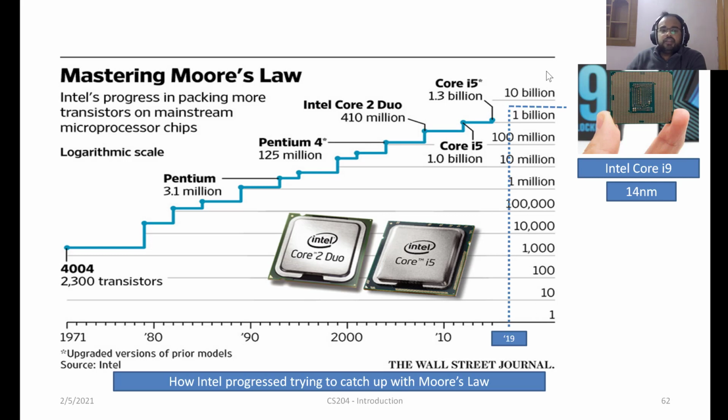That came out in 2020. So Intel as a company increased the number of transistors almost as if guided by Moore's law. With more and more functionality on the same area, we are able to get better and better products.